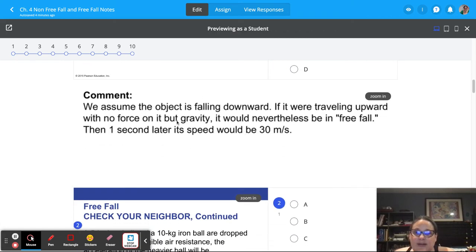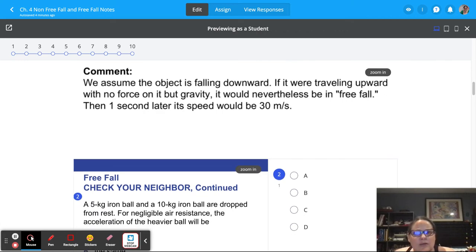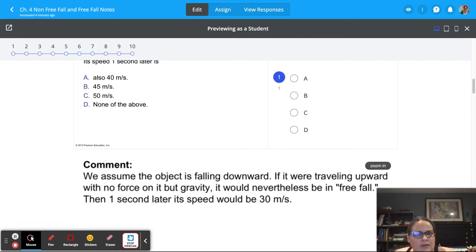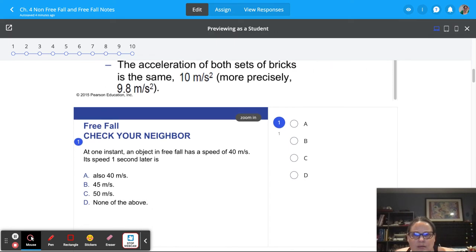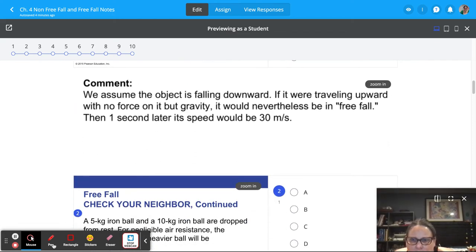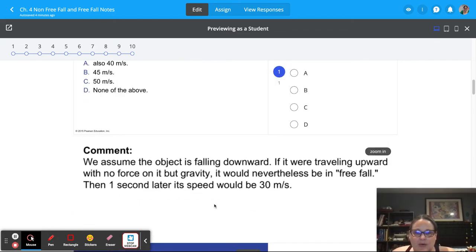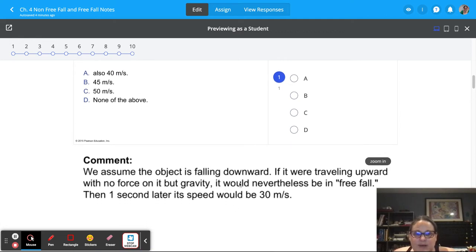Here's an additional explanation built in. Okay, I had to read that more carefully. When I skimmed it, I misread it.